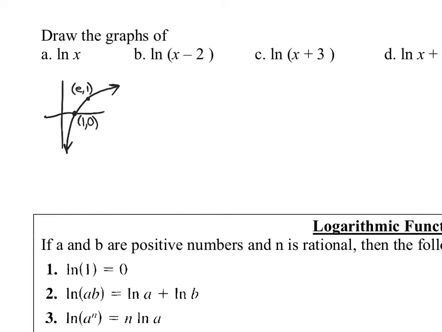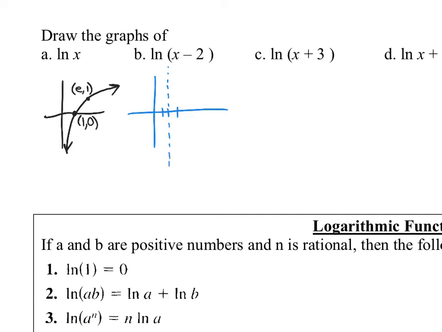Now, what happens with B? ln of x minus 2. What's the transformation here? 2 units, is it left or right? Right. To the right. Horizontal is always the opposite of what it kind of looks like. So it's 2 units to the right. So instead of the asymptote being on the y-axis, the asymptote is here at 2.